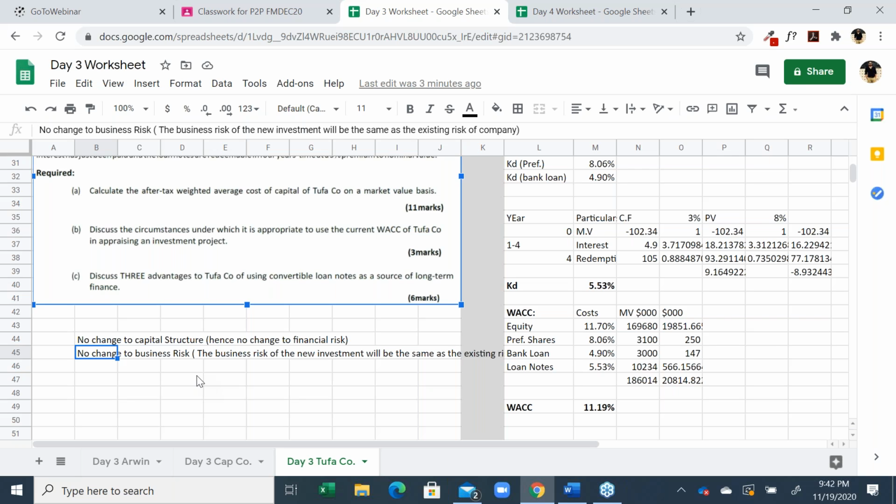You just need to explain each of these three advantages in 2 or 3 lines, and you will easily get these 6 marks.